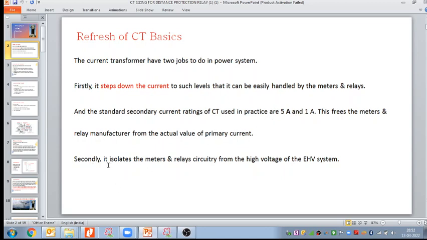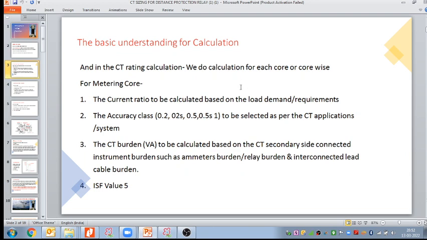Secondly, the CT isolates the meters and relay circuit from the high voltage of the EHV system. So we discussed the CT basics again. When it comes to calculations, in the CT rating calculations we do the calculation for each core, or core-wise. For the metering core, these four parameters we have to specify.